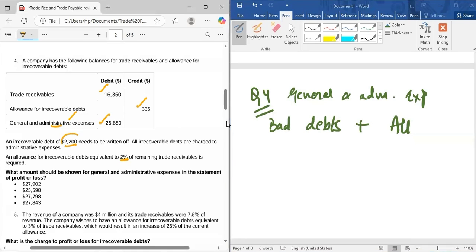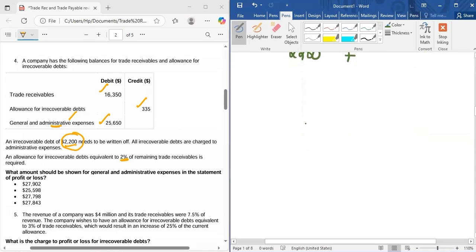So 2200 is my bad debt, right? So I'll write here 2200. But now I have to calculate allowance too. So let's see how we will calculate this. Allowance is 2% of remaining trade receivables.